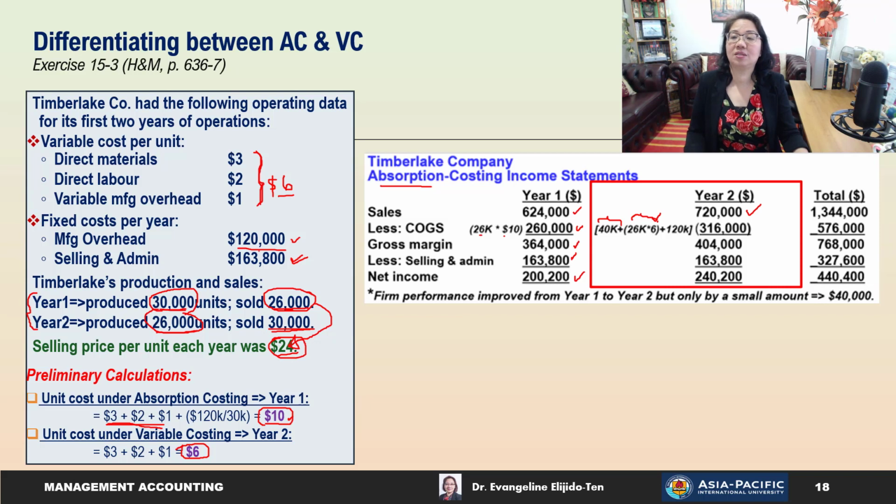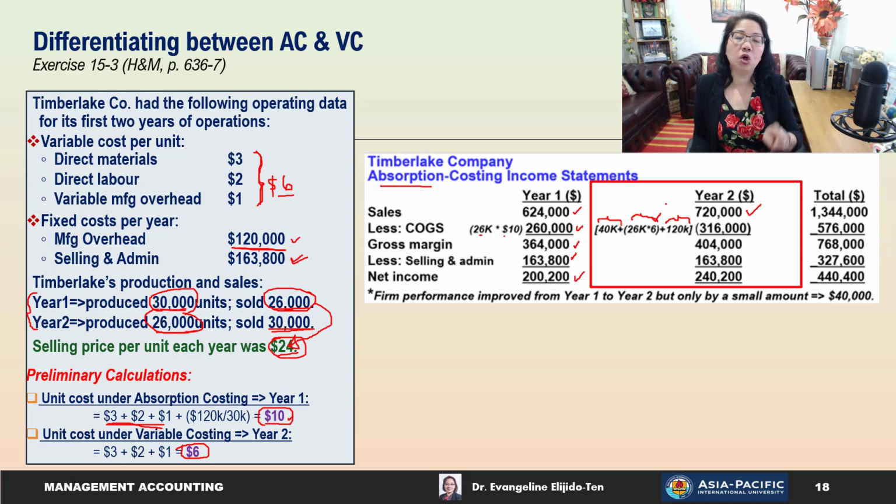And because this is absorption costing, you also have to include the manufacturing overhead that is fixed, 120,000. So we are putting that one here. You might ask, well, why don't we just multiply it by $10? It's because in year 2, the cost per unit will not just be $10 because we only produced 26,000 units.